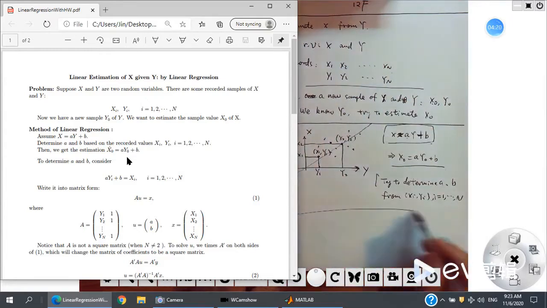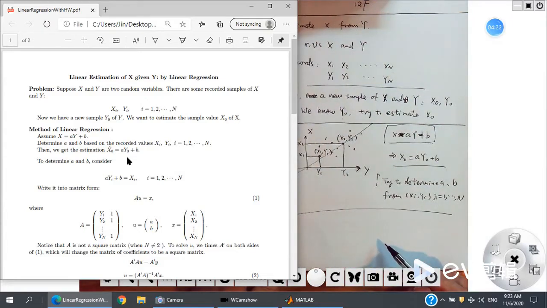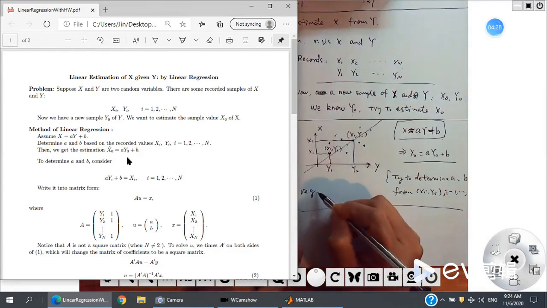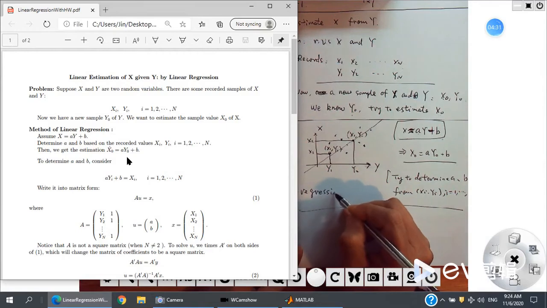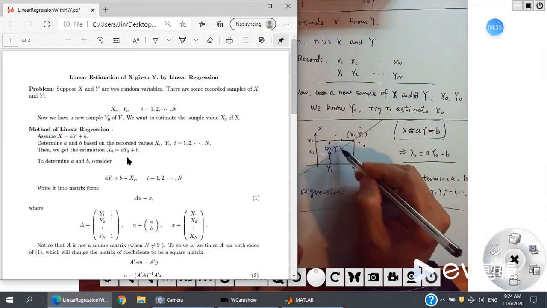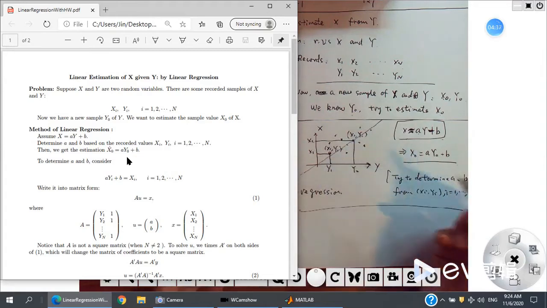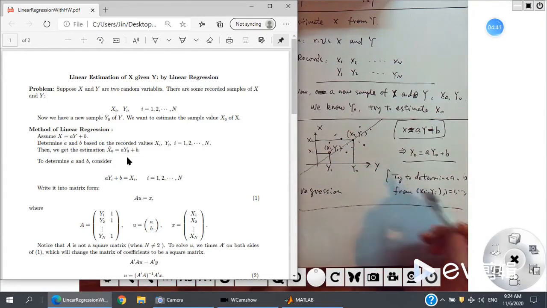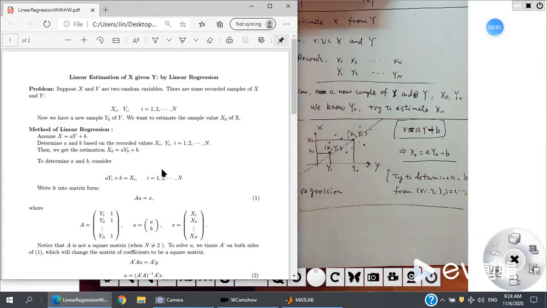So we call this linear regression. This is a method where you give a straight line to approximate the relation between x and y. Here I show how to do it.